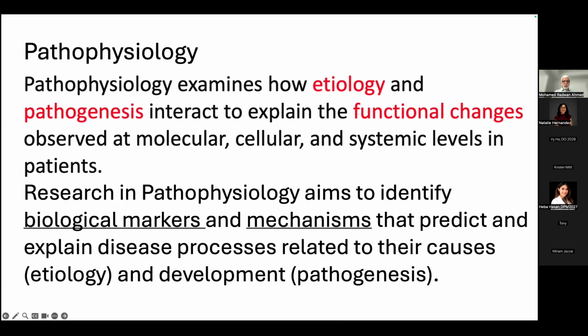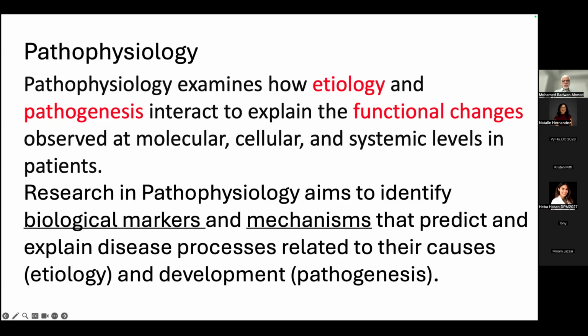All right. So we talked about pathophysiology before, and we said that pathophysiology examines the etiology and pathogenesis and how they interact to affect the function of the body systemically and the function of different organs and cells.